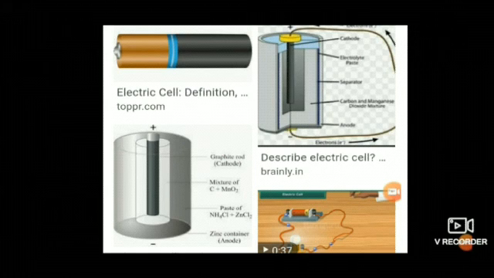These are used in a range of machines from wristwatches to submarines. The main function of various electric cells is to maintain a constant potential difference between its two terminals. The electric cells work on the electric charge to maintain a constant potential difference.